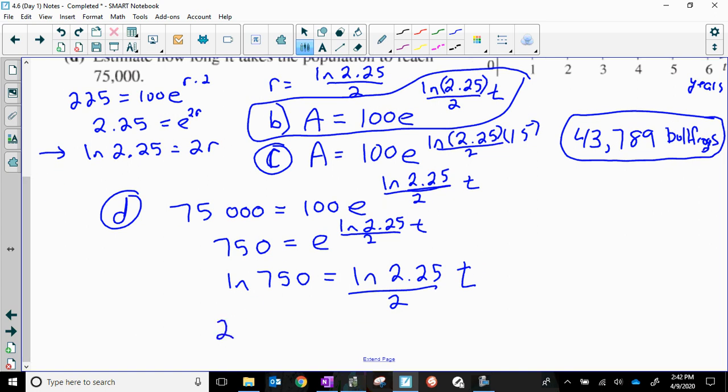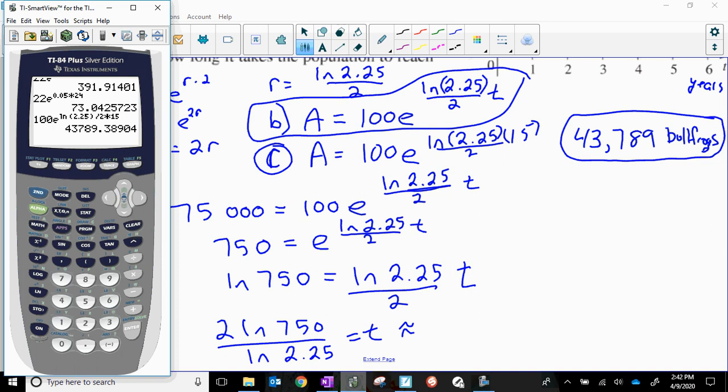So I'm getting 2 times the natural log of 750 over the natural log of 2.25. And we'll just go 3 decimal places, and our unit of measure for time is still years. 15 years got us to 43,000.